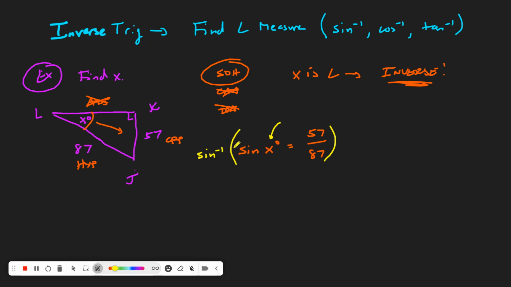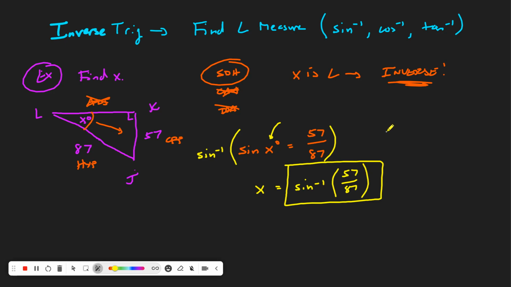What happens is the inverse sine and the sine cancel, and we do get x. But then on this right-hand side, we take the inverse sine, and now I do put this in parentheses, of this fraction, 57 over 87. This is what we're going to type into Desmos to get our angle measure. So again, it's very important that you're in degree mode in Desmos.